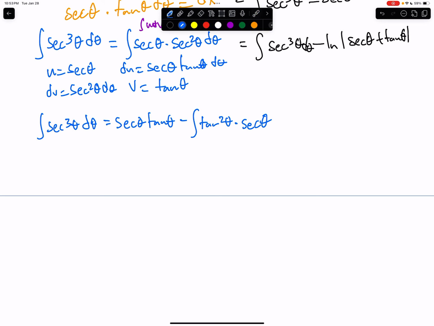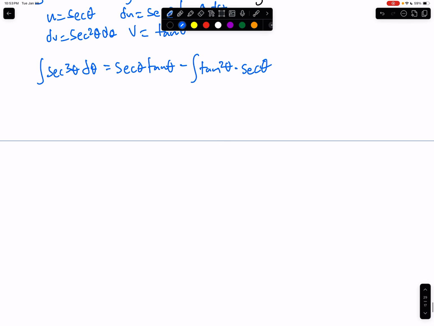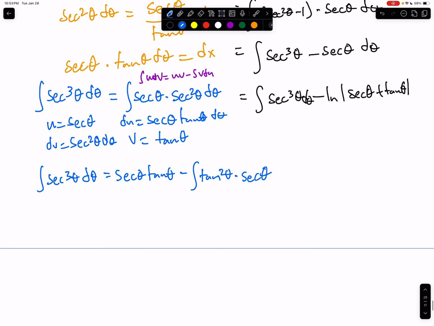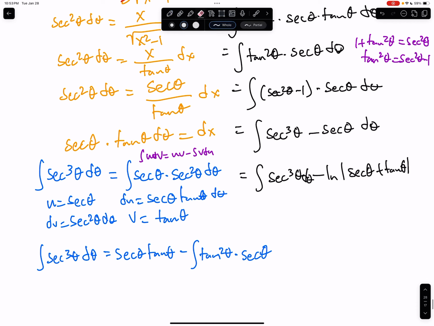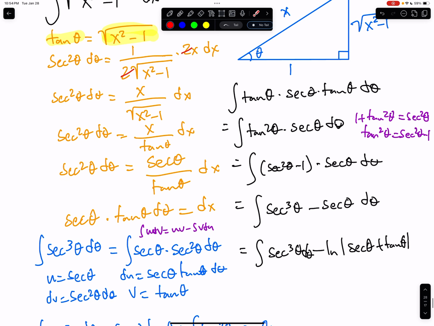We can get this into a secant cubed of theta form here, and then we can solve for the integral of secant cubed of theta d theta that way. Now, if you're confused by what I'm saying here, just wait. So let's apply our trig identity again. Let's just skip to the work that we got here. This is something that we established here, and I'm going to put it in place of here.